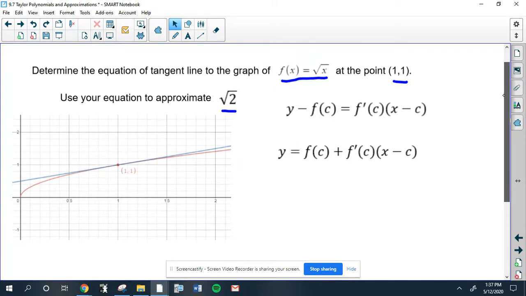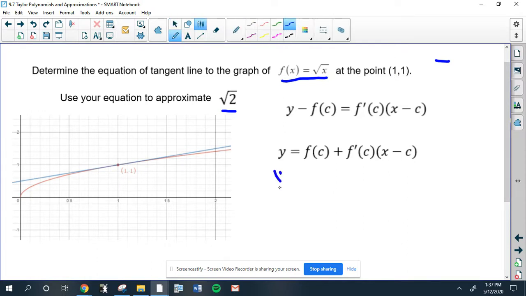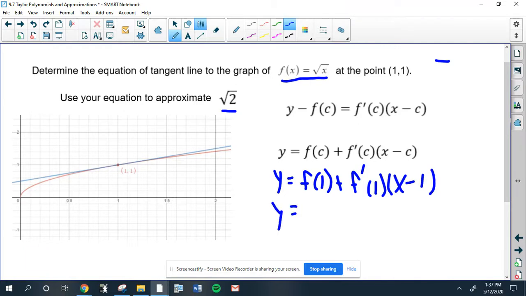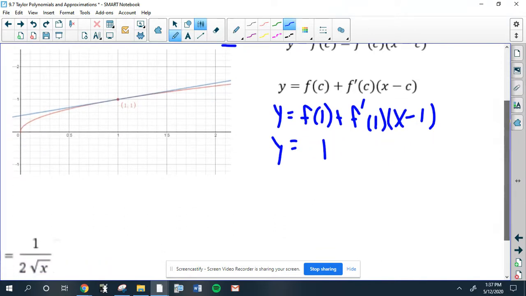So we have to find the... c is going to be 1. f of 1 is the square root of 1, which is 1.